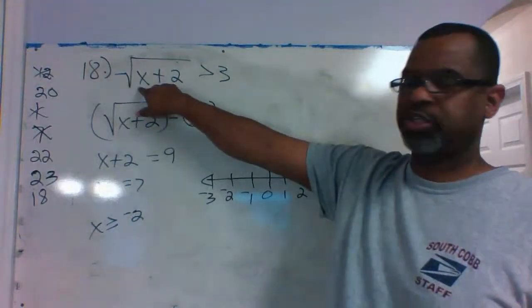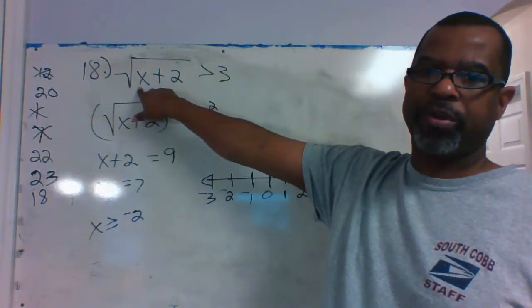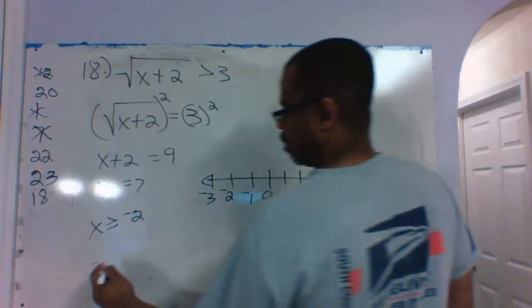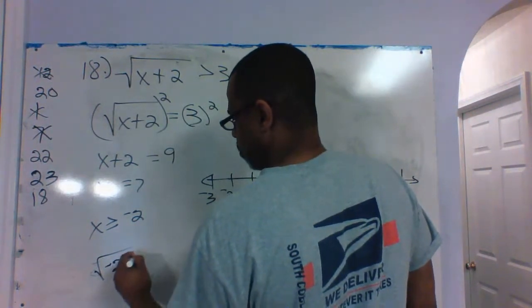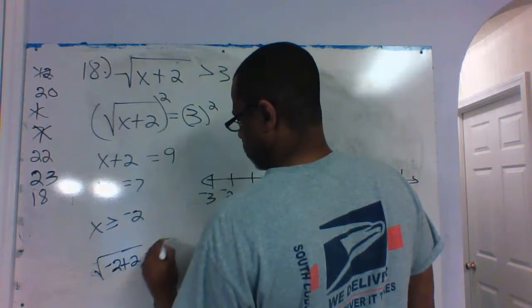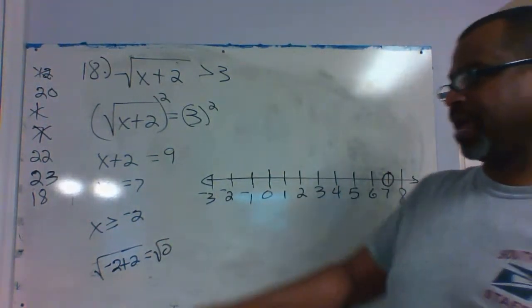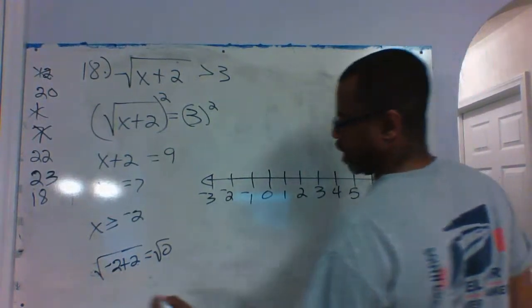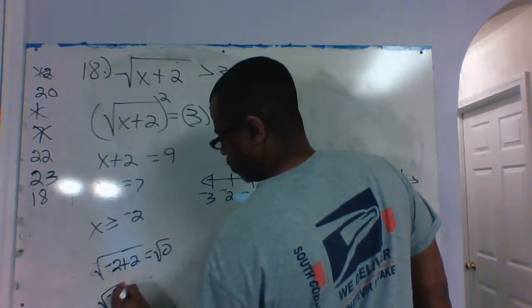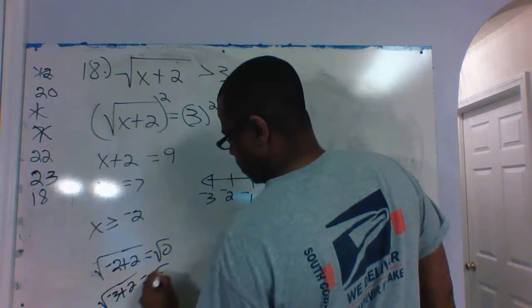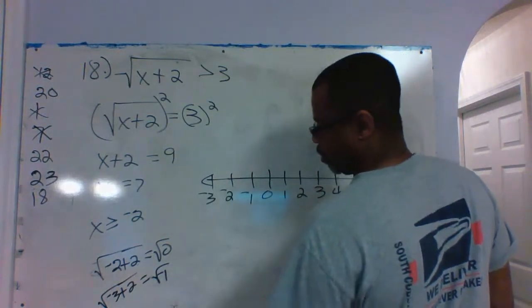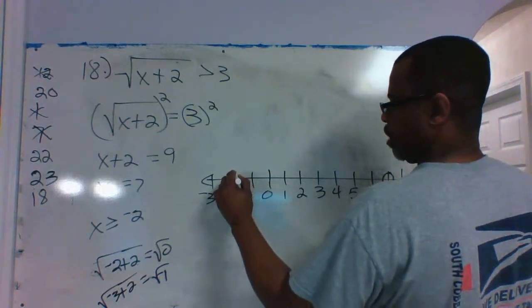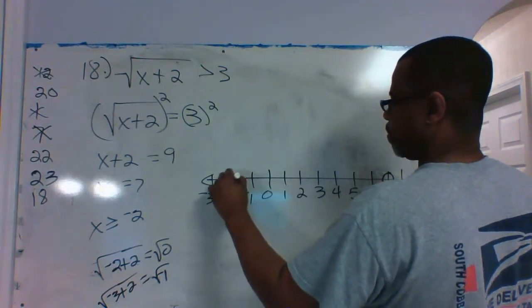But remember, the smallest value that you can have up on this radical is -2 in order for it to be 0. Because in other words, if I use -2 plus 2, that's going to give me the square root of 0. Now, any negative number that I pick less than this, let's say if I use -3, that's going to give me a -1, which we know is imaginary, right? So I'm going to come here at -2, and we'll close it up.